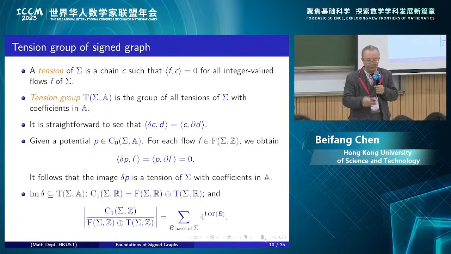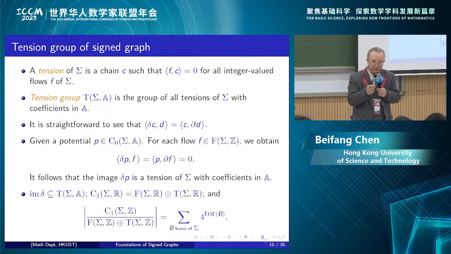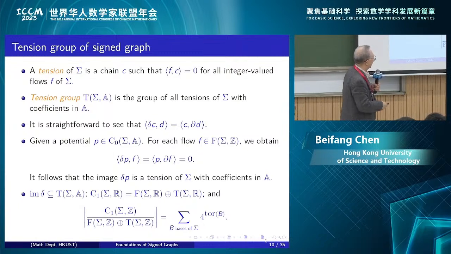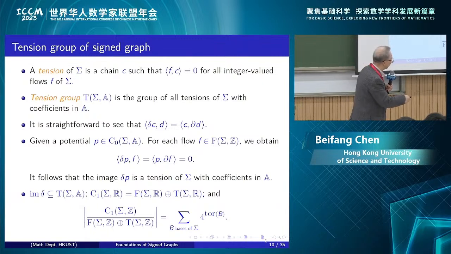In this case, because this is non-regular, for every basis the counting is not 1, it's a weight. The weight depends on the torsion, so here 1. Later we're going to tell what that is, the torsion for the base, and then you get the weight counting.